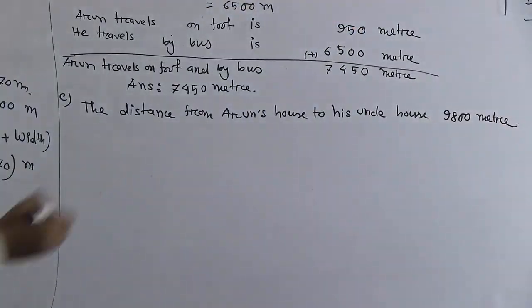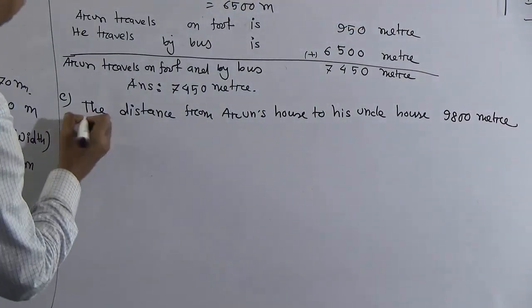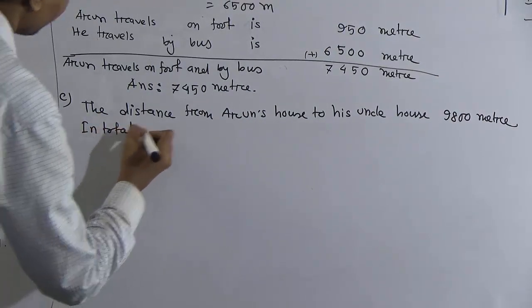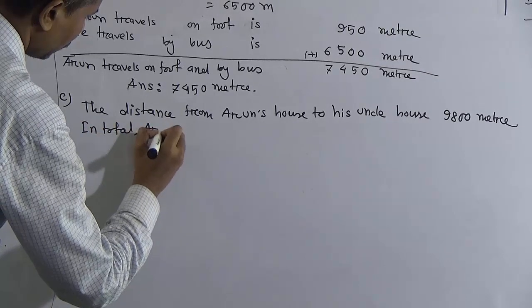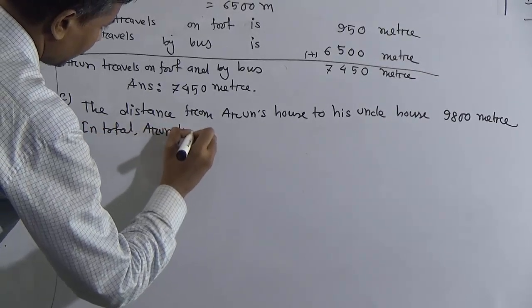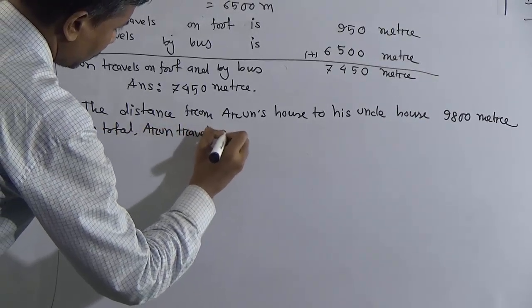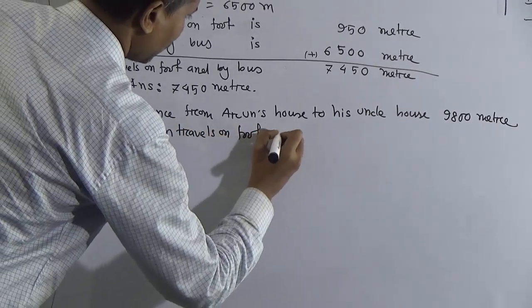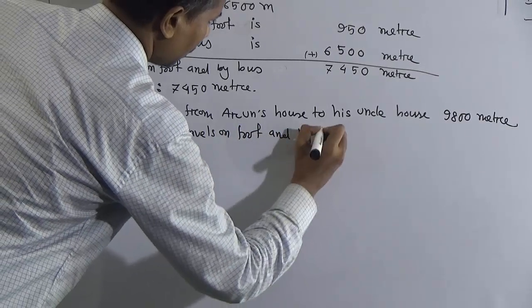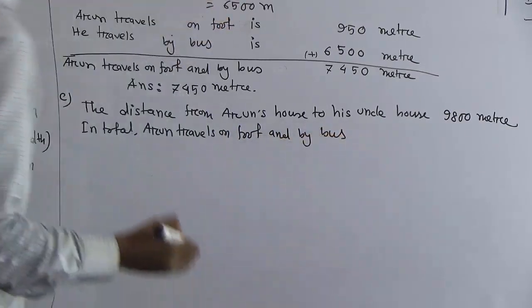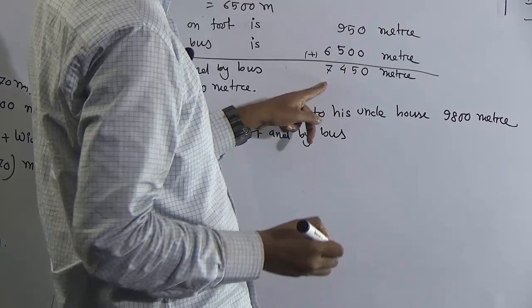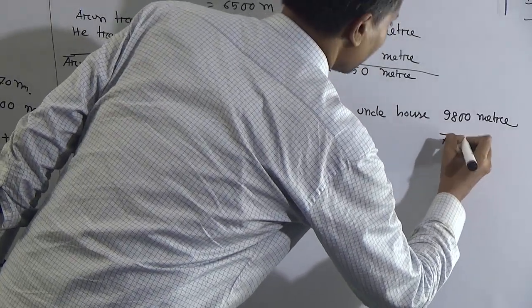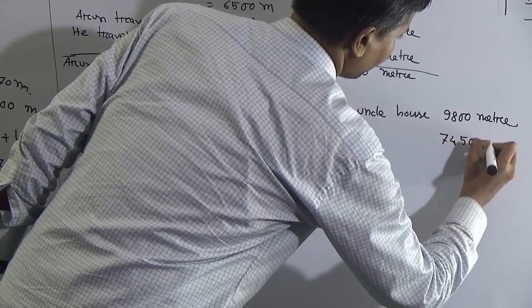Okay, and in total Arun travels on foot and by bus 7450, right? 7450 meter.